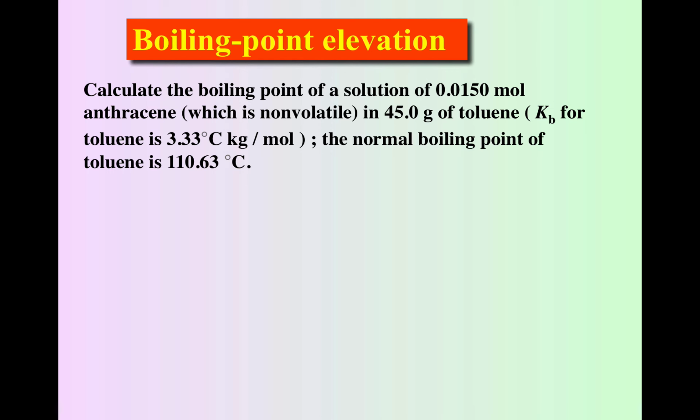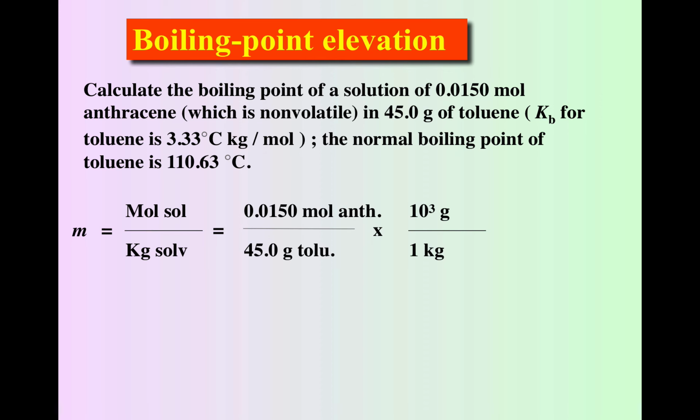They gave me what the Kb value was. They gave me what the moles of the solute were. And what I need to get is kilograms of the solvent. So convert grams of toluene to kilograms of toluene, 1,000 grams per kilogram, and then divide it into moles of anthracene, and I get the molality of the solution.